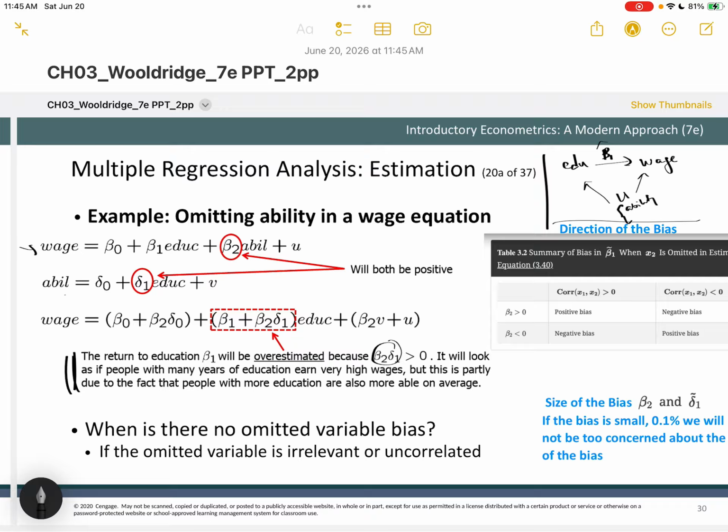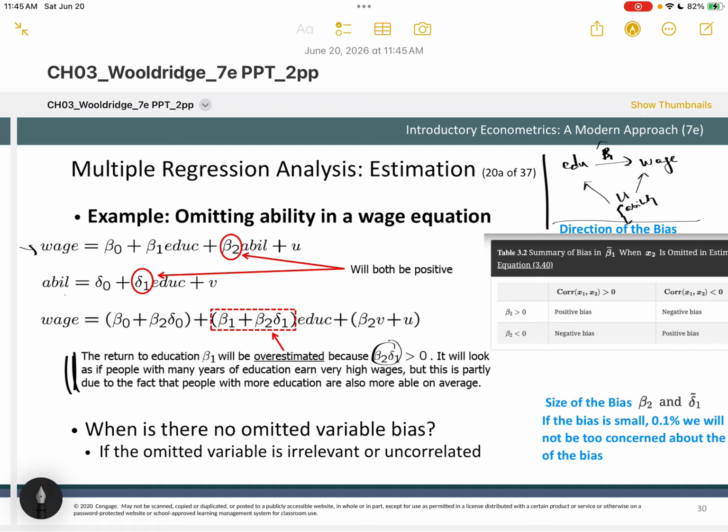And delta 1 says more educated people are more able. You see? So the combination of that is positive, right? I expect it to be positive. So the combination of that will drive up what beta 1 is supposed to be and make it bigger and overestimate it.